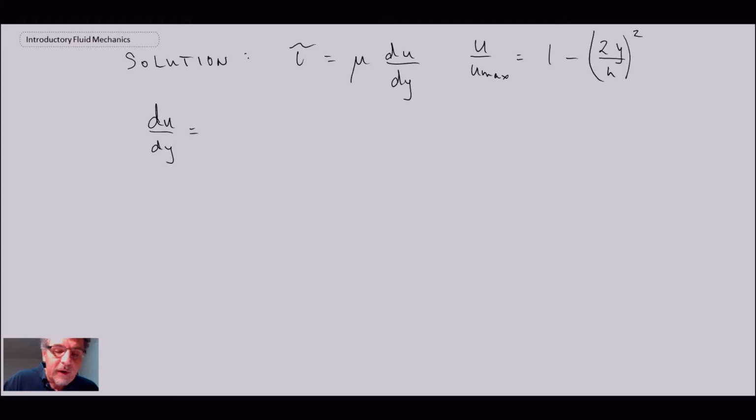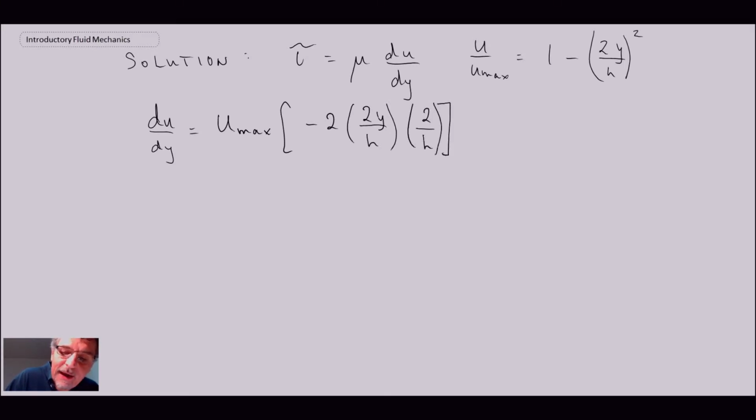So we have to take the derivative with respect to y. We have u max, so we get that when we take the derivative of velocity with respect to y, we can collapse that into minus 8 times u max times y divided by, in the denominator we have an h squared.